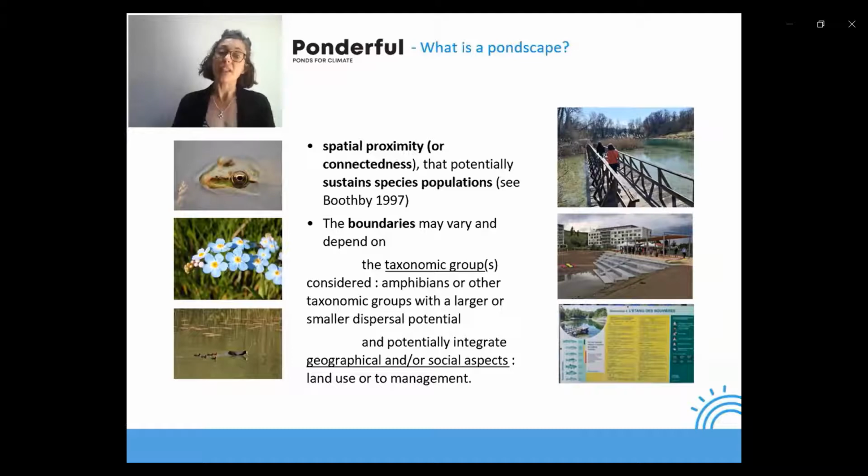The delineation can also, in addition to biodiversity, integrate geographical and or social aspects. For example, linked to land use, forest, meadows, urban area, or to management issues, such as the boundaries of a nature reserve.